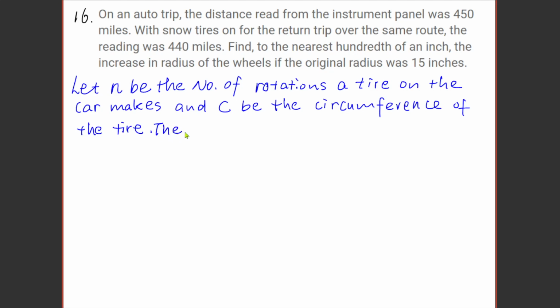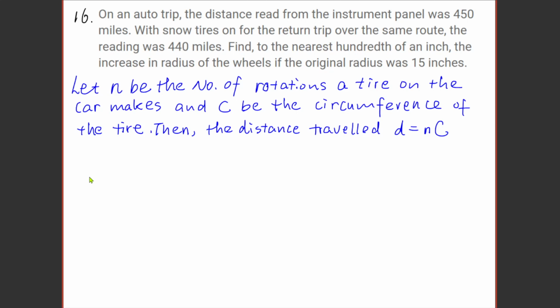Then we have the following relationship. The distance traveled d equals n times c, right? So number of rotations and circumference are inversely proportional. To figure out how far the car goes, the car's computer also multiplies the number of rotations of a tire by the circumference of the tire.